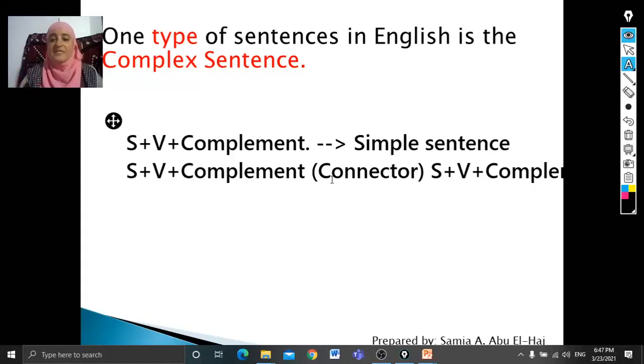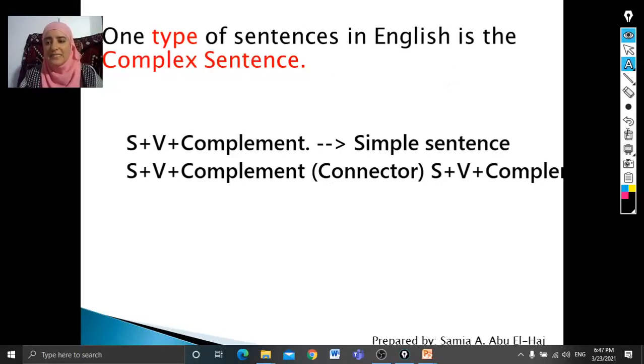But if it's something different, like because, although, when, after, while, then it's a complex sentence. So only if it was one of the 7, and, but, yet, or, nor, for, and so, it's compound. But if it's something else, something different, then it's what we call a complex sentence.